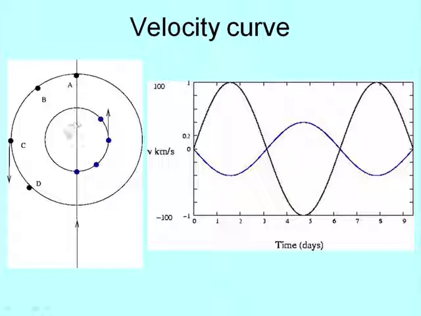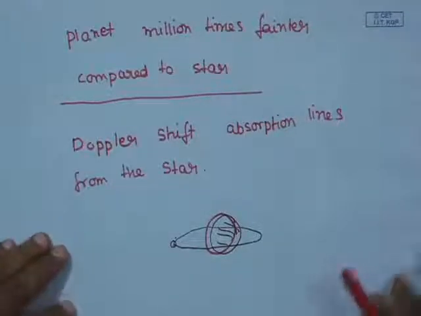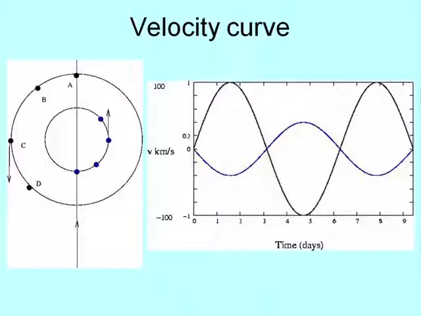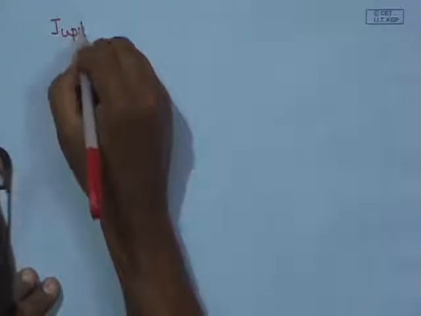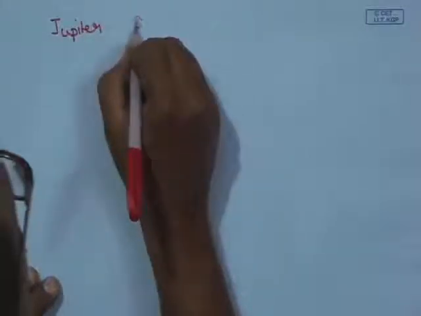The orbit of the star is going to have a very small radius, and the corresponding Doppler shift is also going to be extremely small. To make progress, let us first make an estimate of the kind of numbers that we expect in such a situation. So, let us take up the Jupiter-Sun system, the familiar one. Jupiter is the largest planet in our solar system. Let us ignore all the other planets and just consider Jupiter in orbit around the sun.